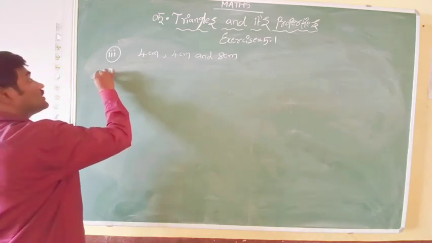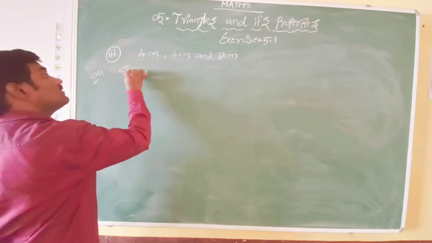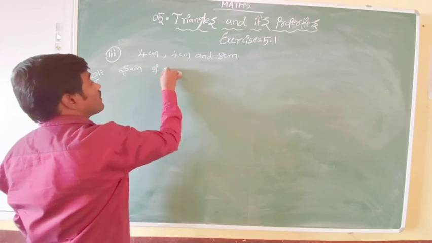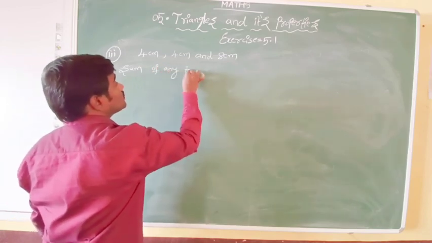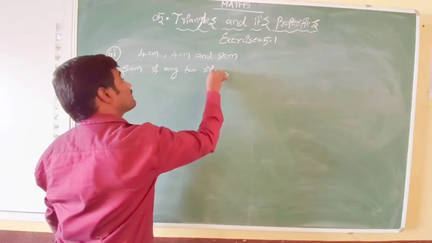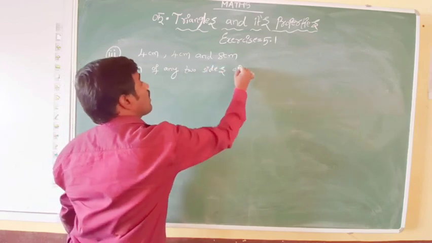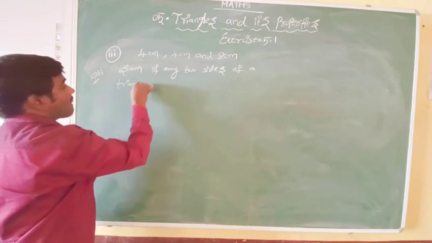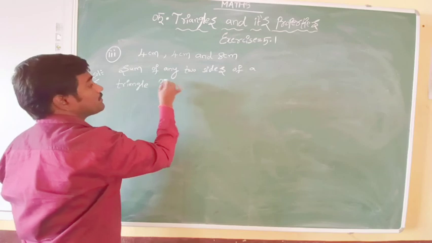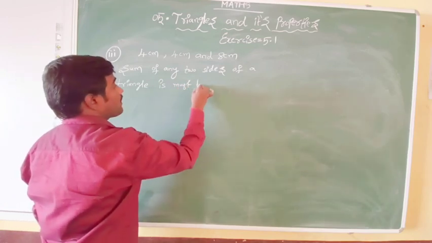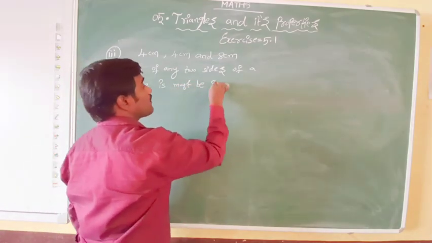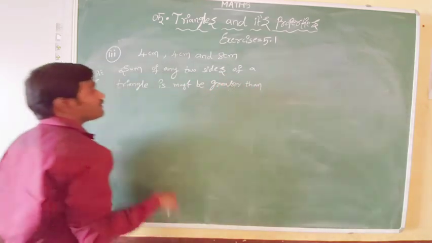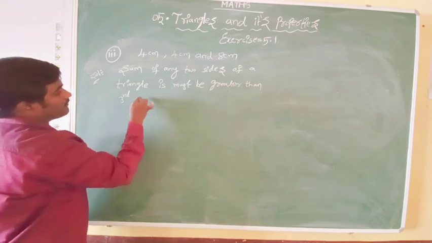The statement should be right for every question: the sum of any two sides of a triangle must be greater than the third side.